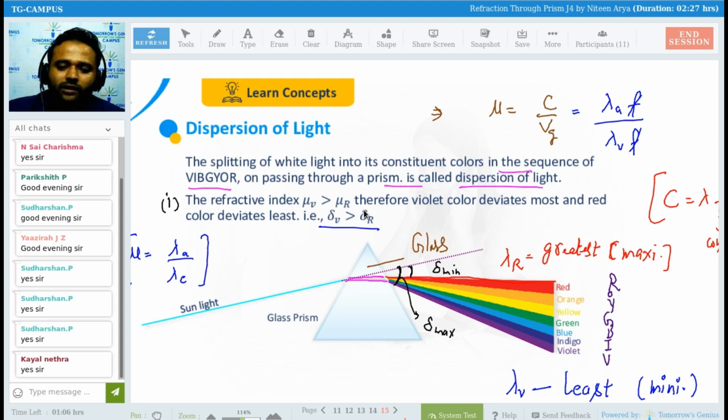First statement. Reverse of that: violet color deviates less, and red color deviates more. Second statement. Third statement: the angle of deviation is maximum for green and minimum for orange as compared to each other. Another statement: angle of deviation is maximum for red and minimum for violet. And the fourth is none of them.